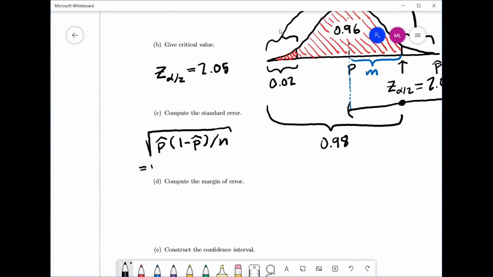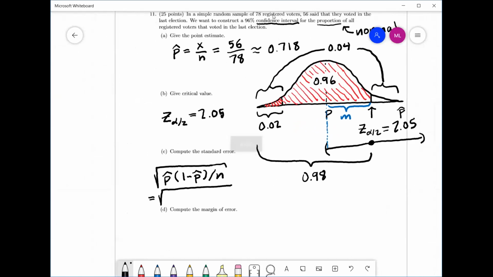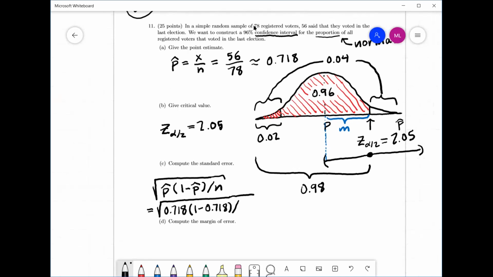So this is going to be the square root of p hat that we found. That's our point estimate from the first part. It's 0.718. So 0.718 times 1 minus 0.718. And then I divide the whole thing by the sample size, which was, for us, 78 voters. And so I can plug that into the calculator.